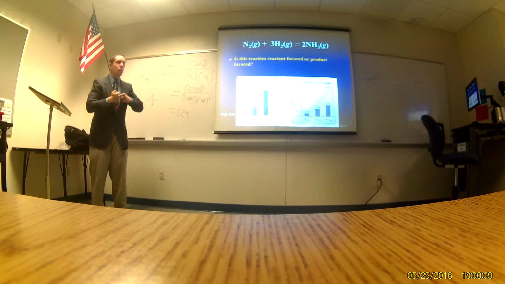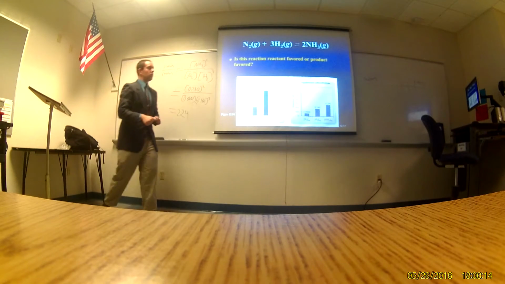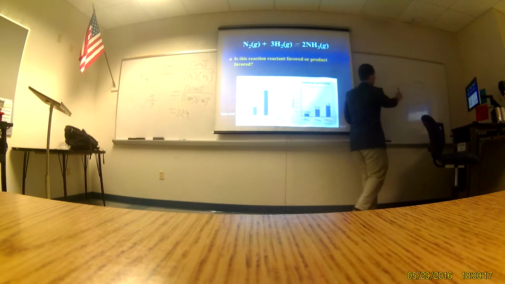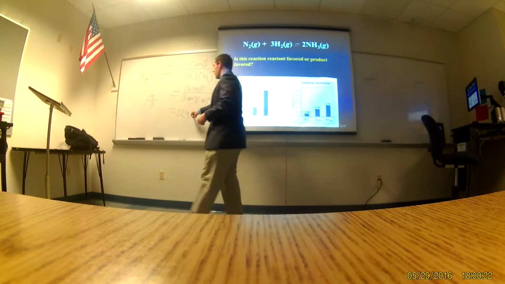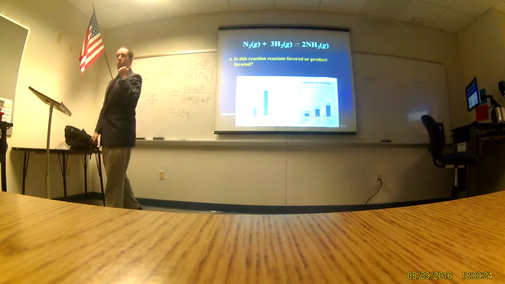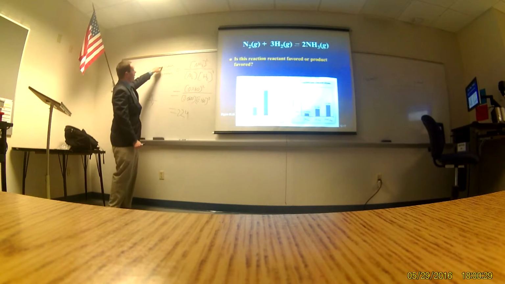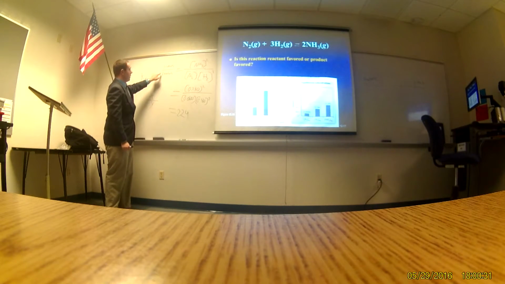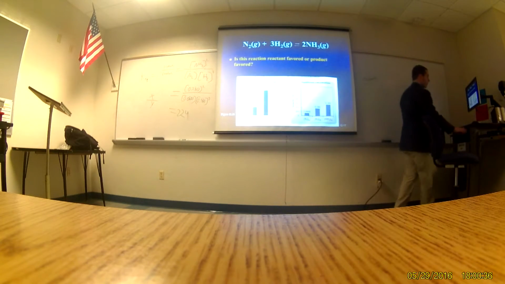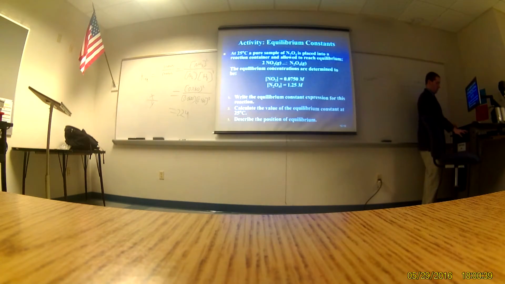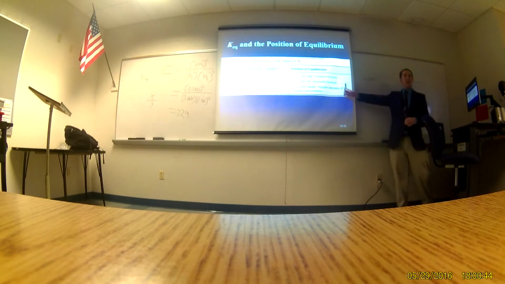So if this number comes out to be exactly 1, it is neither product nor reactant favored. It fell right in the middle. So you're going to get a K value. If the value is 1, it's neither. If it's more than 1, it's product favored. If it's less than 1, it's reactant favored. So that's exactly what this is telling us. You've got it right there on a slide.